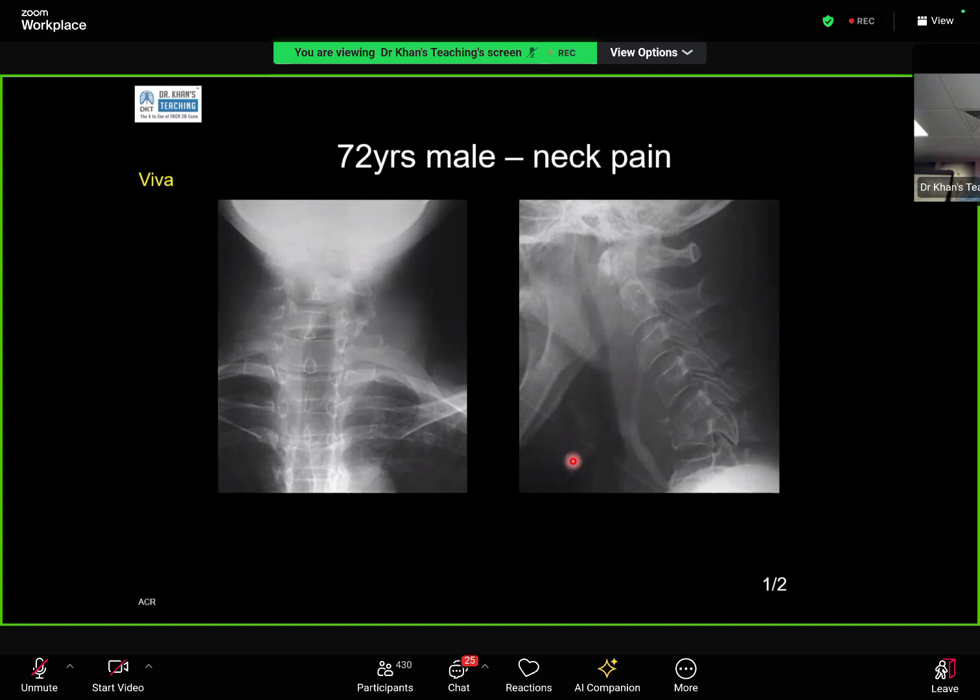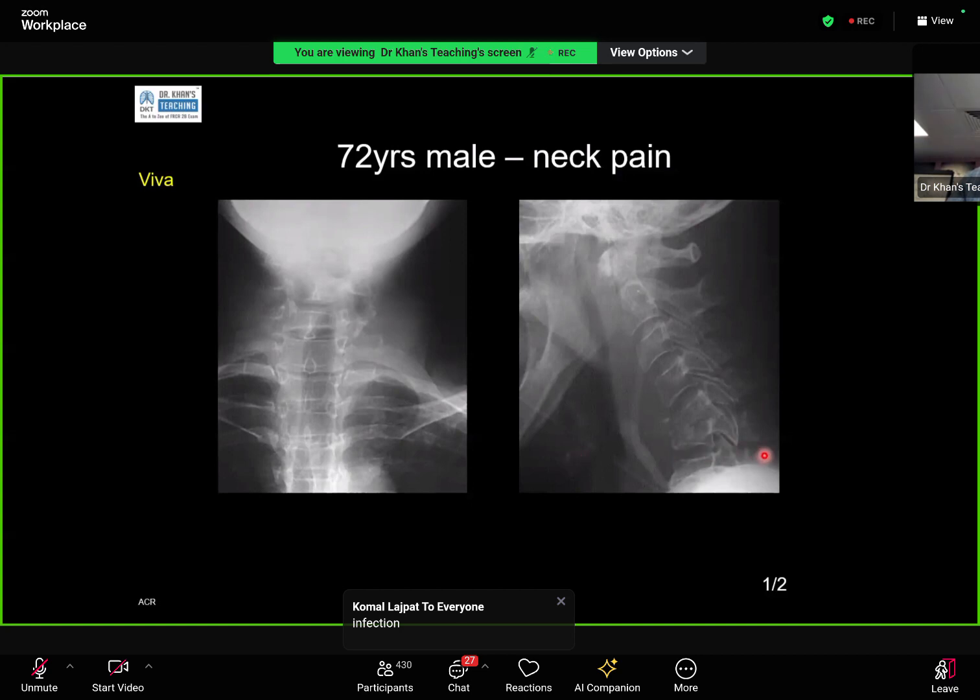So possibly spondylodiscitis with a prevertebral abscess. I would inform this finding to the referring clinician, check inflammatory markers, and also suggest further evaluation with contrast-enhanced MRI of the cervical spine.